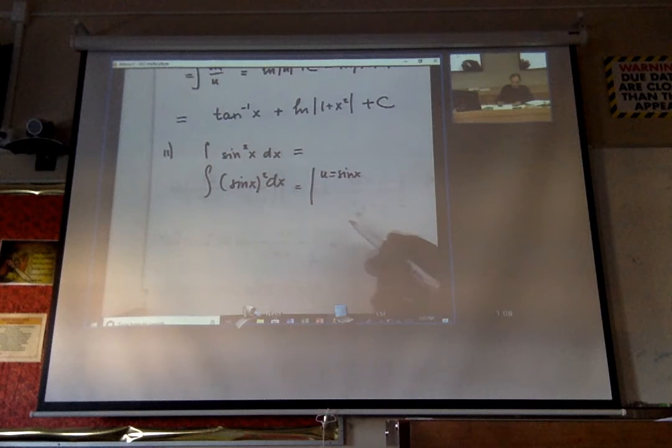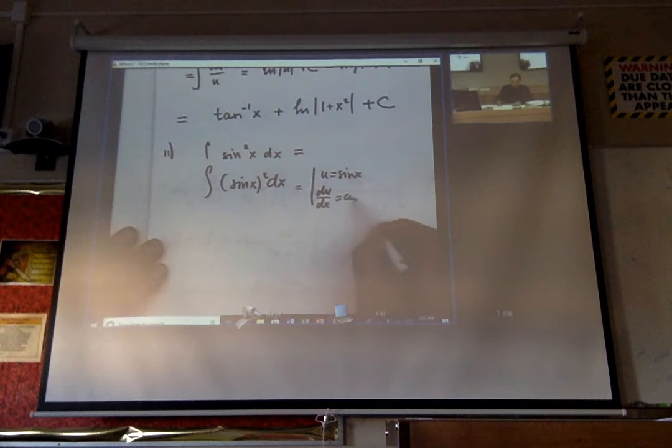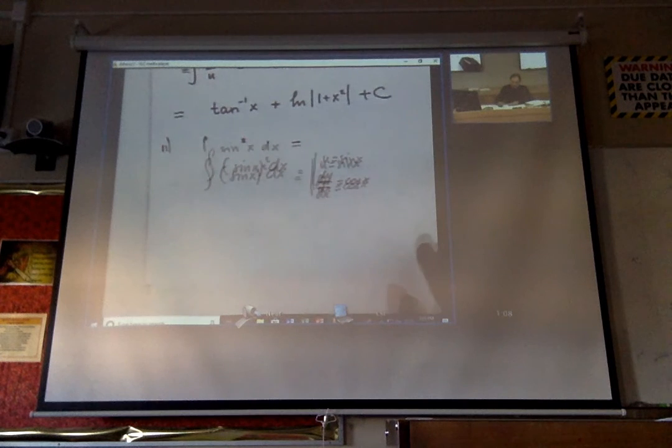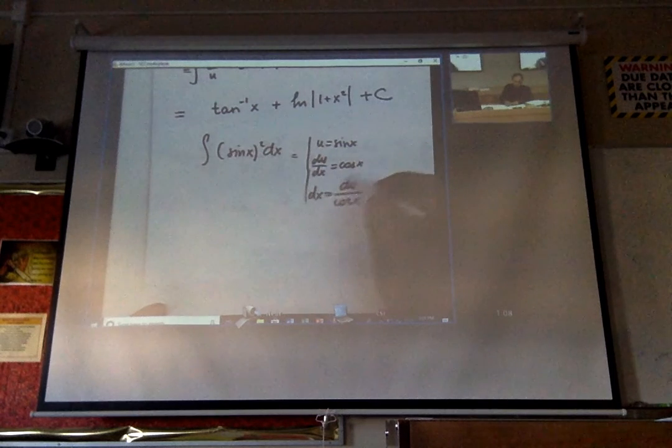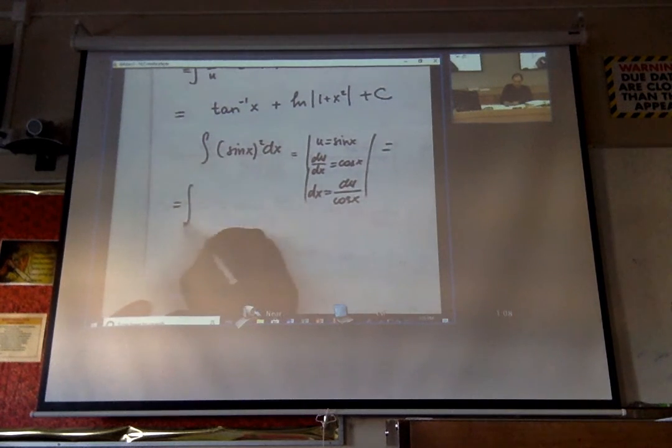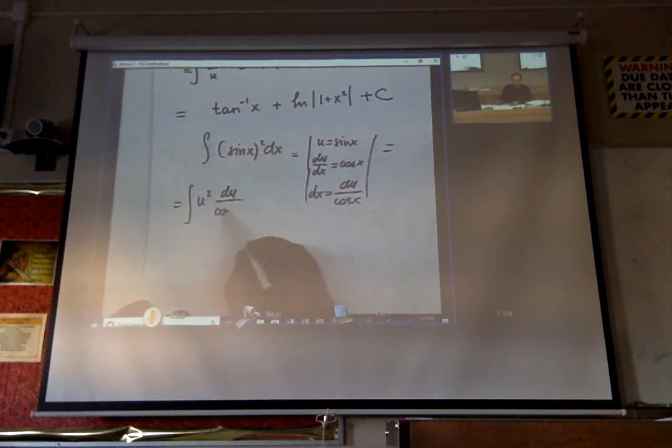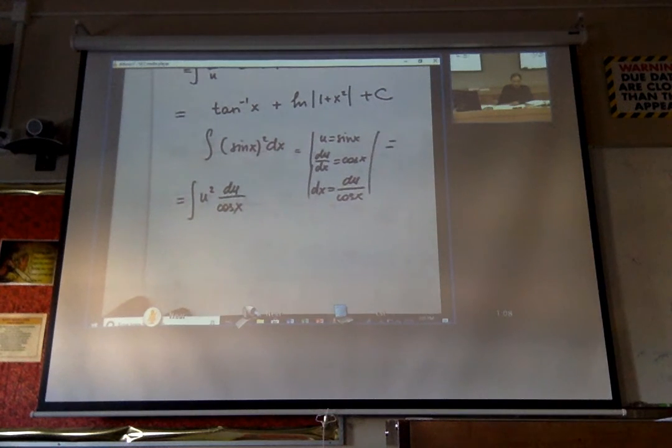But when you take the derivative, you get u squared over cosine x. But when you substitute, you have the integral of u squared times du over cosine of x. And really, what do you do after this? Well, you go back to this. So that's not the right way to do it.